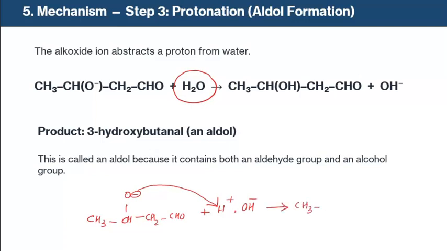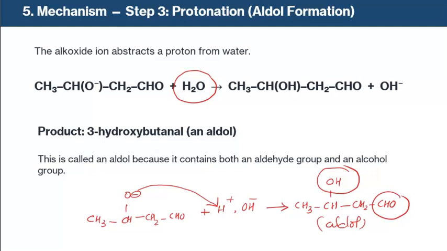Simply we can write that as CH3CHOH CH2CHO. Clear? It contains a hydroxyl part and also an aldehyde part in the same compound, which is known as aldol. The product is 3-hydroxybutanal, an aldol. It is called an aldol because it contains both an aldehyde group and an alcohol group.